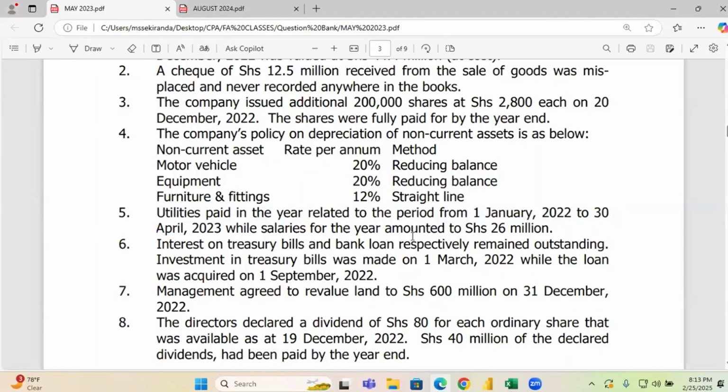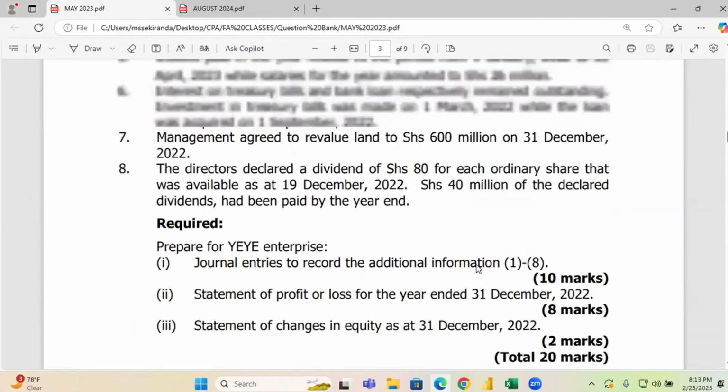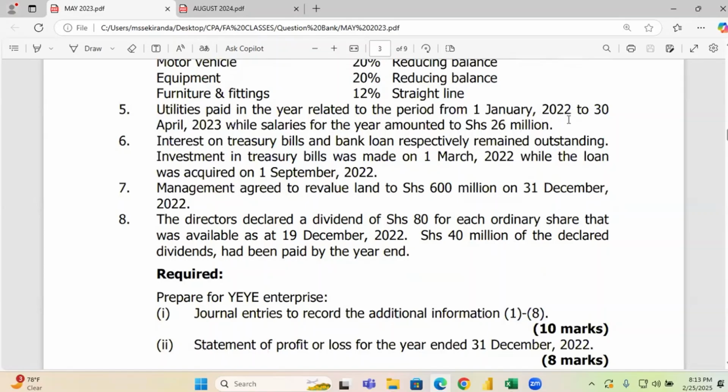We have a portion of the prepayment. So what the examiner wants you to do is to remove the portion of the prepaid utilities. The prepaid months were 4 months, because our year ends 31st December 2022, and yet you paid up to April 2023. So you paid 4 months in excess.